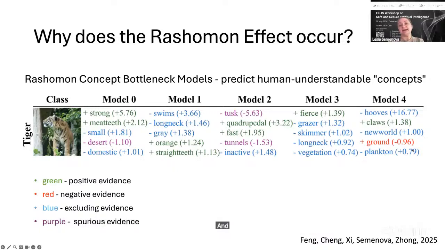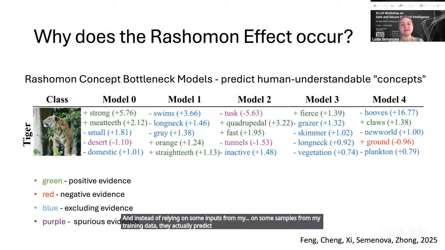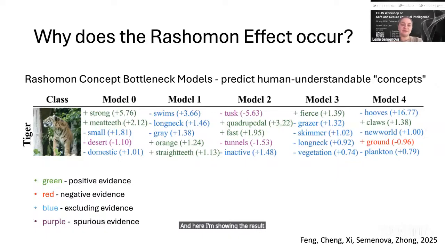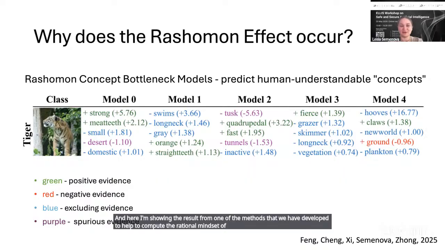And instead of relying on samples from my training data, they actually predict human understandable concepts, where these concepts could be predefined or discovered. And here I'm showing the result from one of the methods that we have developed to help compute the Rashomon set of these concept bottleneck models.